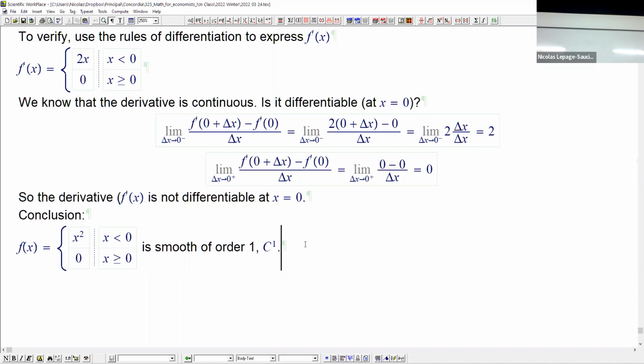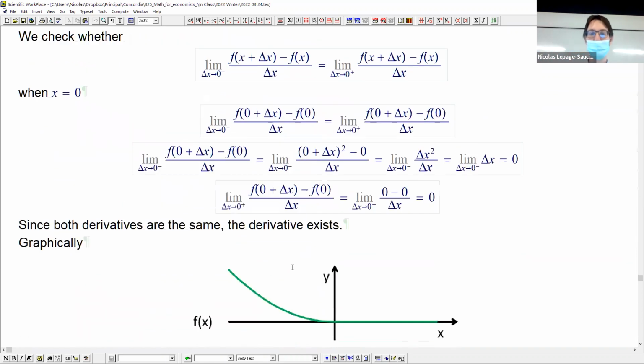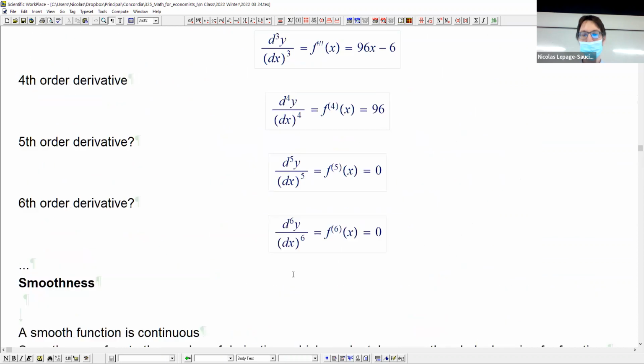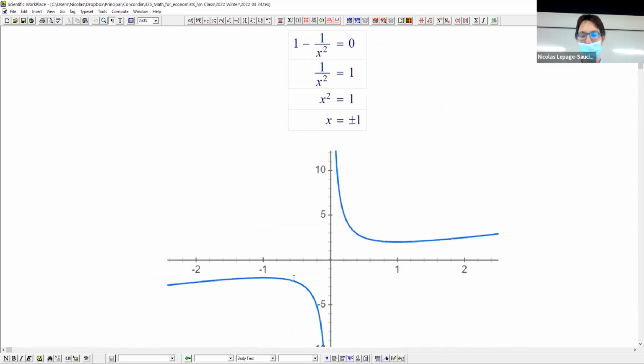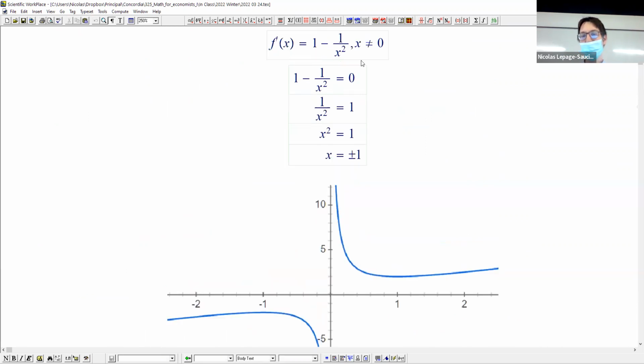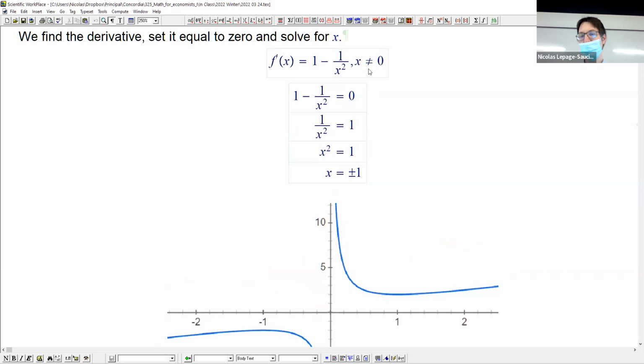What you could do is use the differentiation rules, but you would have to be careful. Let's go back to this function here. Since I said that x is not part of it, then we're fine.